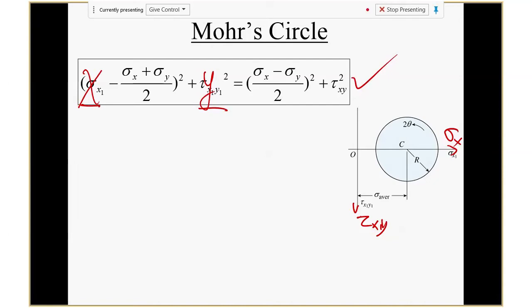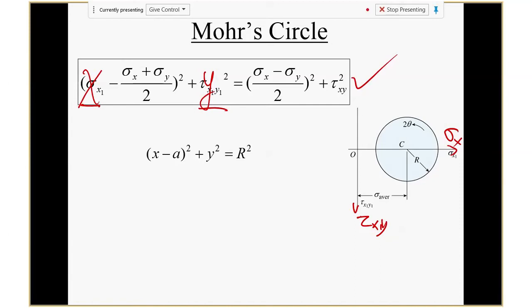Is this equivalent to this equation? The top equation is equivalent to this equation. Your variable is sigma x1, that's your x, then you have the tau xy, that's your y.